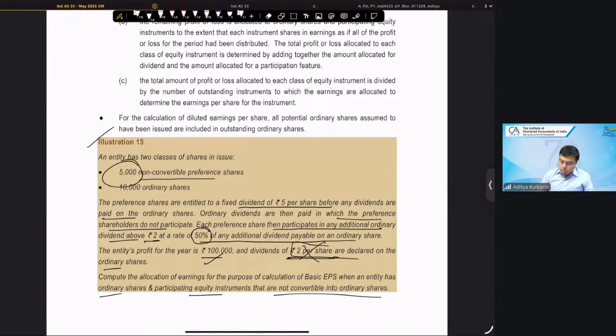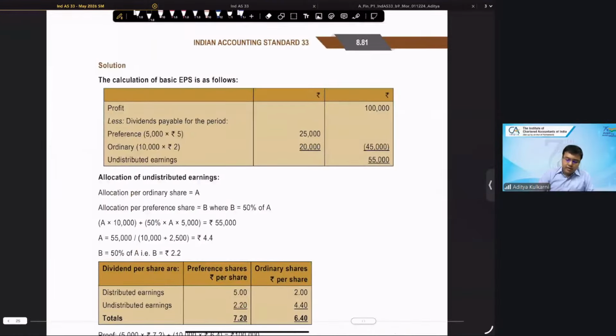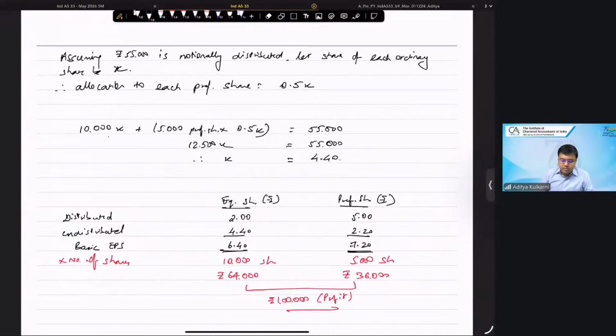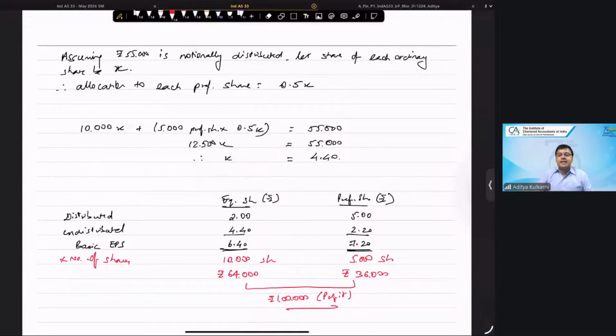On the entire 75,000, you do the distribution. So on the entire 75,000, we need to take 50% for preference of it, and for you take X. The equation will come to the same equation: 10,000x plus 2,500x is equal to 75,000, and then you do the solving. Is it okay if that 2 rupees is not given? Yes. Okay. Anything else?